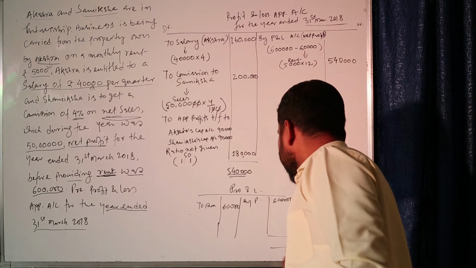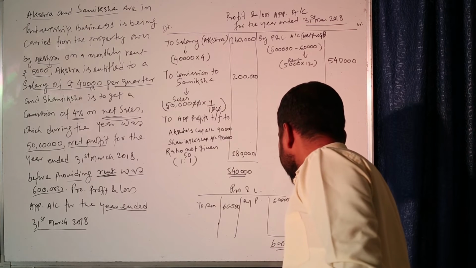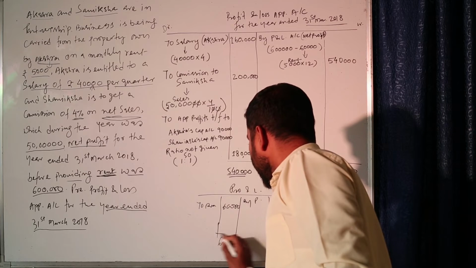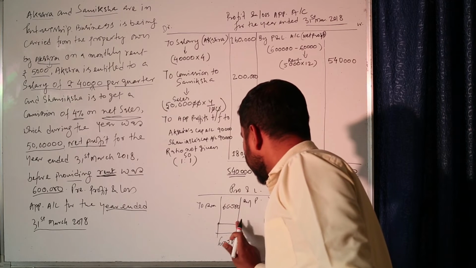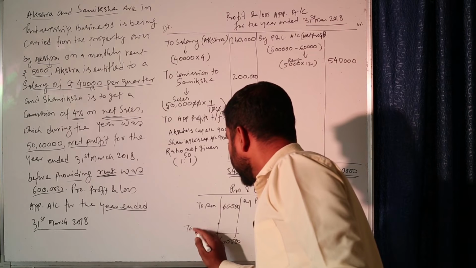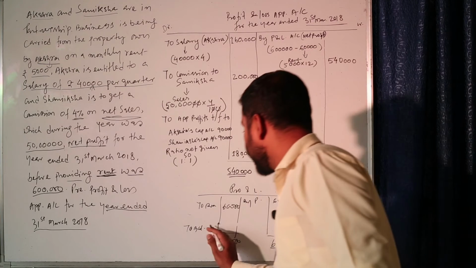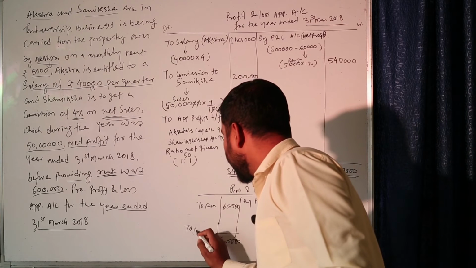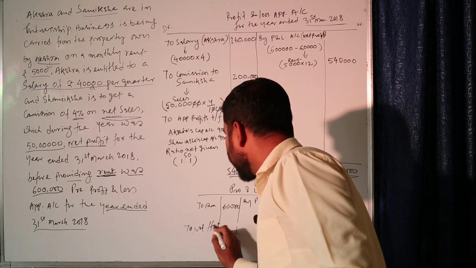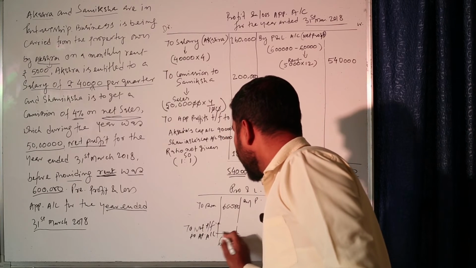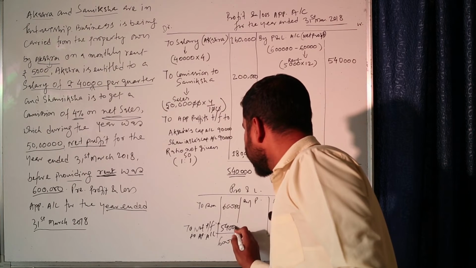Again I am doing the tally, 6 lakh, 6 lakh, and balance carried down, or you can say the net profit transferred to the profit and loss appropriation account. How much? 5 lakh 40,000.